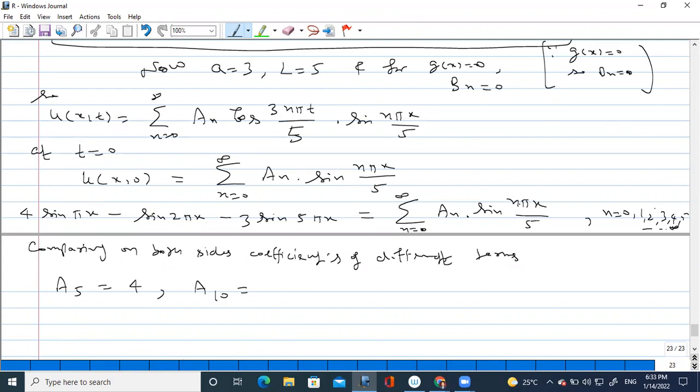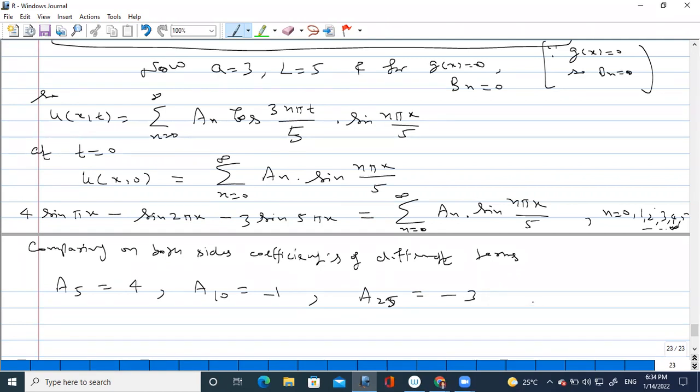Here a10 will be for n equal to 10, so a10 will be minus 1. And then sin 5 pi x I will get for a25, so a25 will be minus 3. So these are the values.